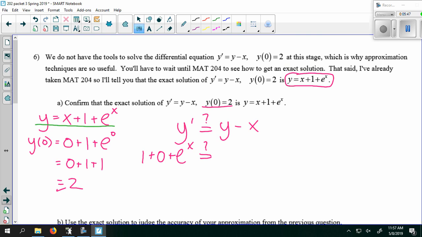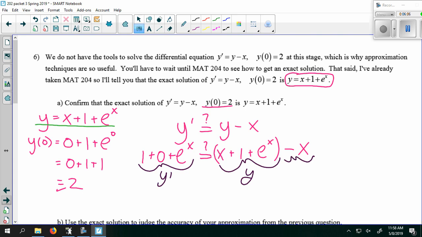Does that equal y, which is x plus 1 plus e to the x, minus x? So just to be really clear, this is y prime, this is y, and then this is the minus x. Just substituting in for y prime and for y.